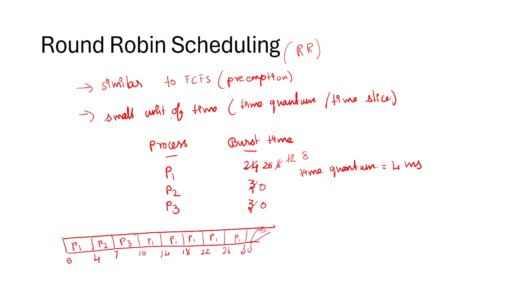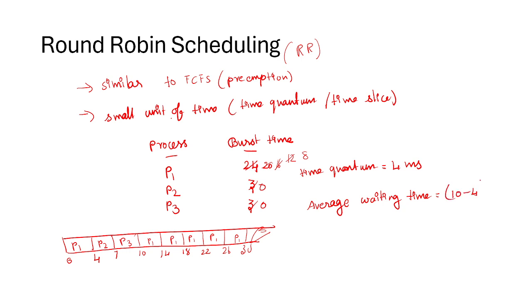Now the average waiting time. The waiting time of P1 is 10 minus 4, since it has already been executed for 4 milliseconds.